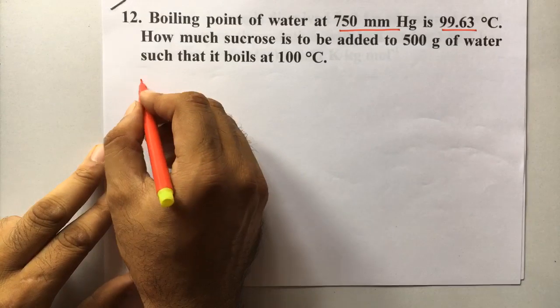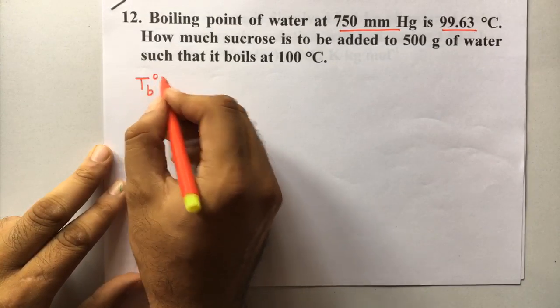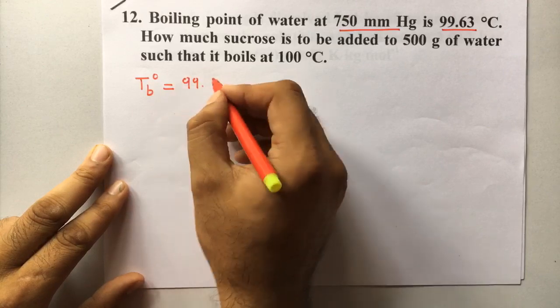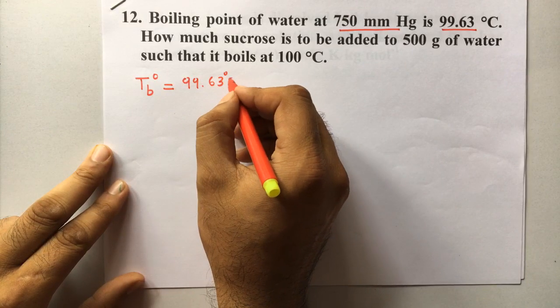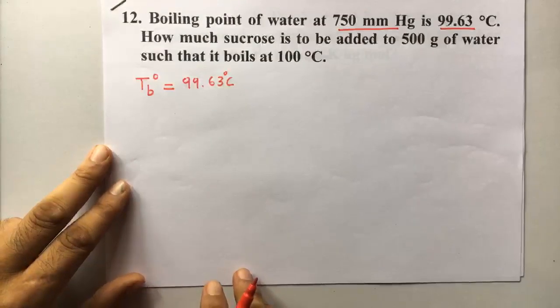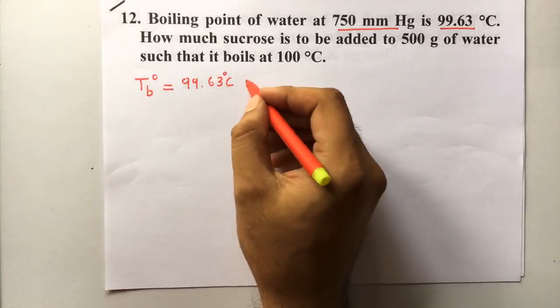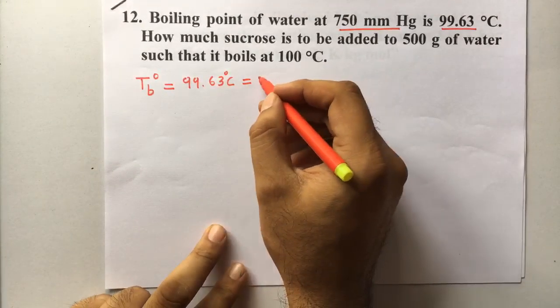So whatever they have given is TB naught, the boiling point of pure water. This is equal to 99.63 degrees Celsius. Usually we need to convert this into the Kelvin scale, but since we want to find the difference, we don't have to worry about whether it is in degrees Celsius or in the Kelvin scale. So how do you convert this into the Kelvin scale?